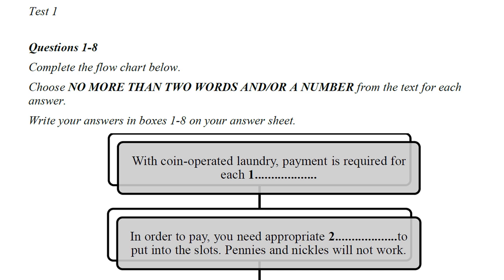And I shouldn't have to look for all of my answers, maybe only half. It's not a good idea to be looking at the passage and searching for each answer. Again, skimming and scanning is not a truly effective technique. So here I know that the answer is load. So for each load of clothing, I'm going to have to pay separately.